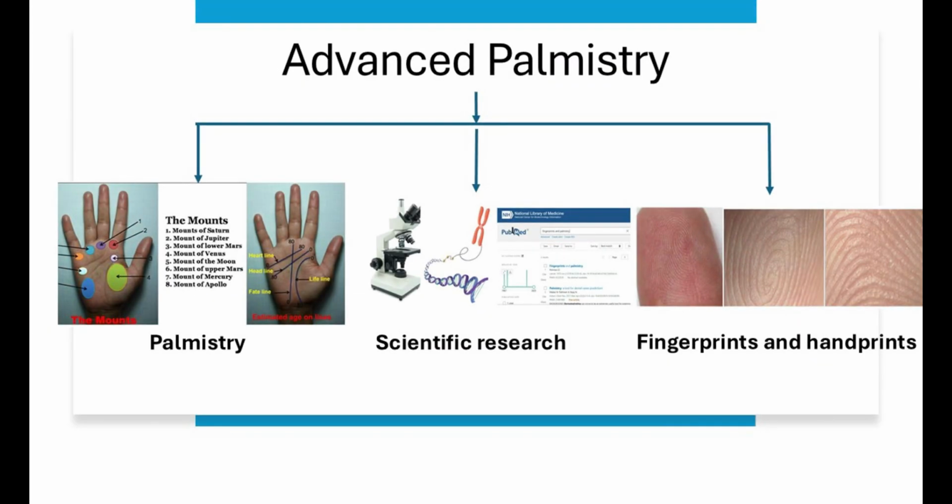What is advanced palmistry? Both palmistry and chirology, as well as advanced palmistry, have their unique variations. Advanced palmistry techniques combine palmistry, scientific research in palmistry and chirology to provide an accurate hand analysis.